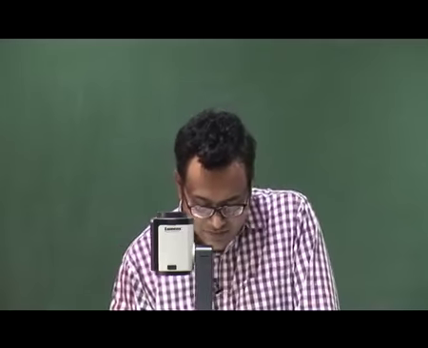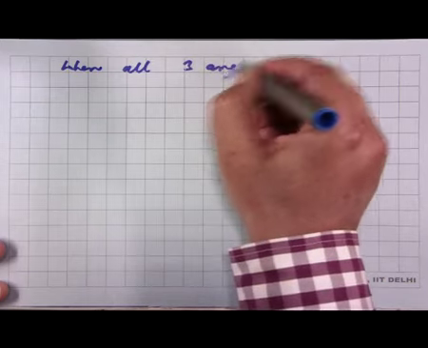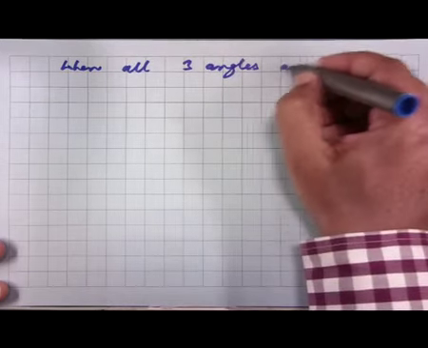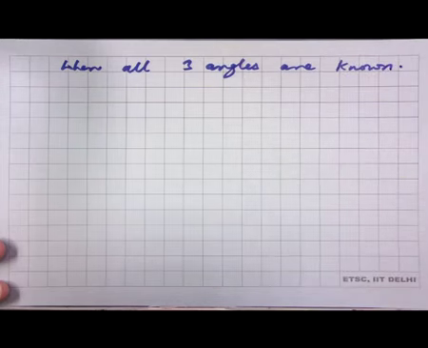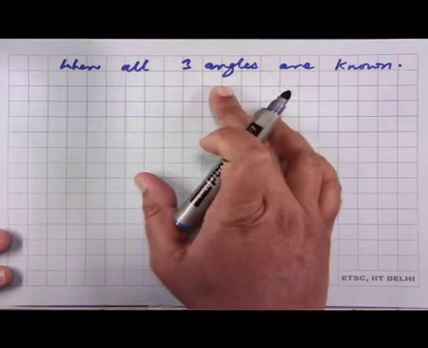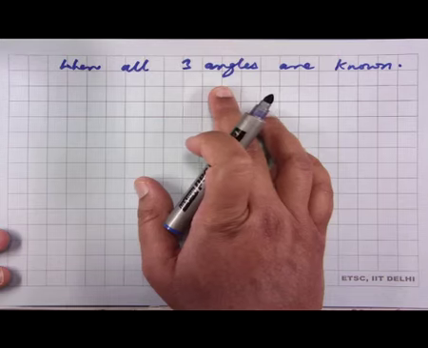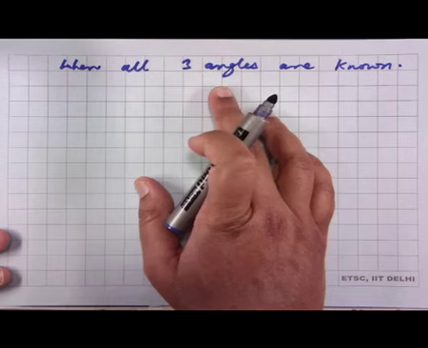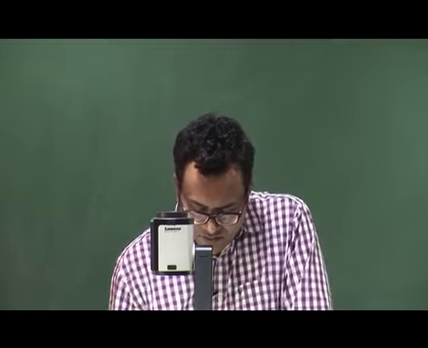Naturally, the next case is when all three angles are known. Now, in this case, if all three angles are known, one cannot uniquely say what are the three lengths of the triangle, and that is very easy to see.